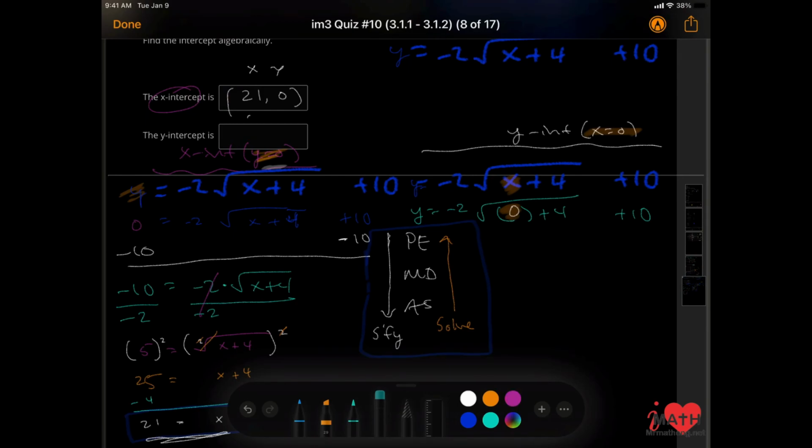So to solve, let's do addition and subtraction first. Now, you cannot do the 4 plus 10, but we can, sorry, let me try that again. We are solving for y, but y is already on the left side, so all you have to do is simplify.